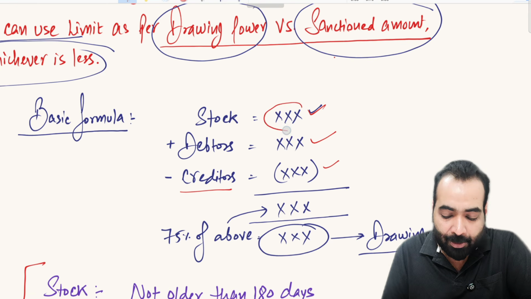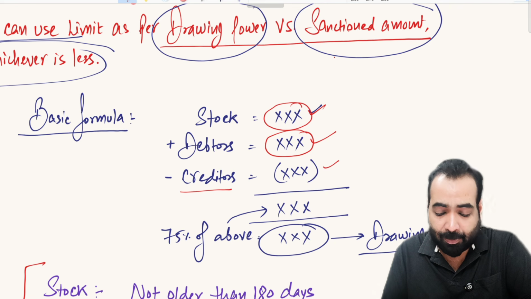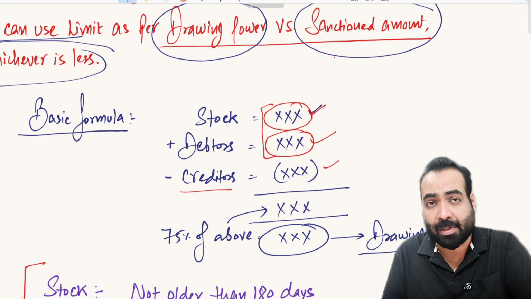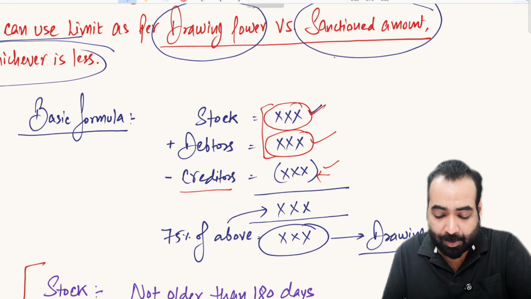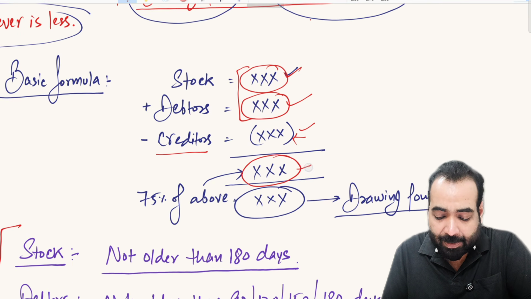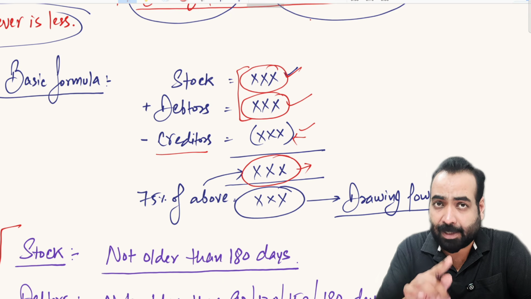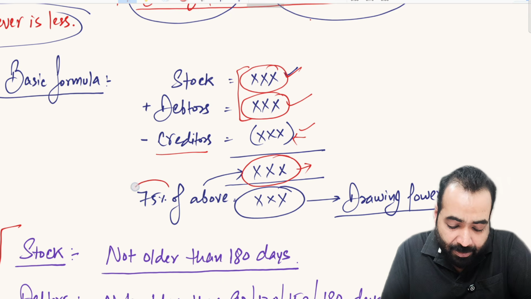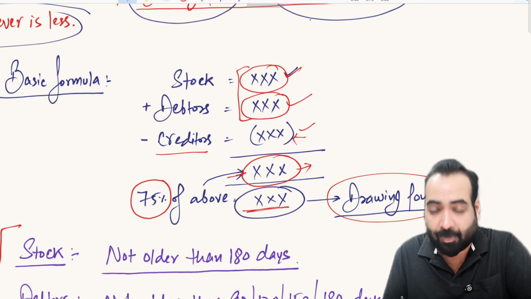You have invested money in your stock, and you have invested your funds in giving credit to your customers. These two represent your total investments, and the creditors are the support that you have got from your suppliers. So this is your net investment, right? Out of this net investment, 25% shall be contributed by you as your promoter margin, and the rest 75% of this amount will be allowed as drawing power to you.